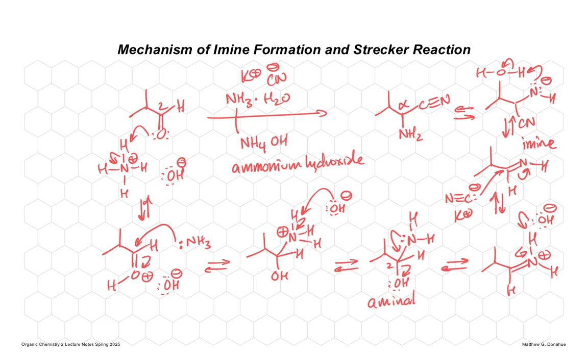So the imine is one part forming that, and then the Strecker, you're adding cyanide to it. That gets you your alpha aminonitrile, which is the alpha amino acid equivalent. Questions?